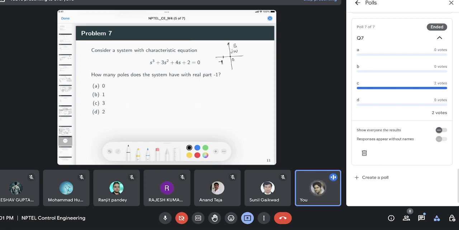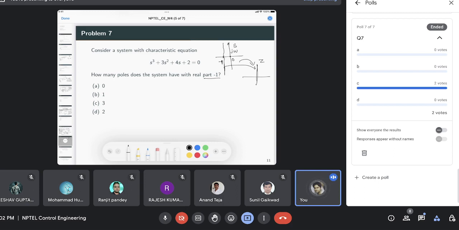Now this question is posed with real part -1. So what you can do is find another transformation where this -1 axis is transferred to the 0 axis. Let it be the z plane. Is it clear till now?